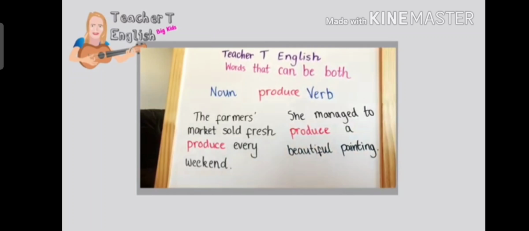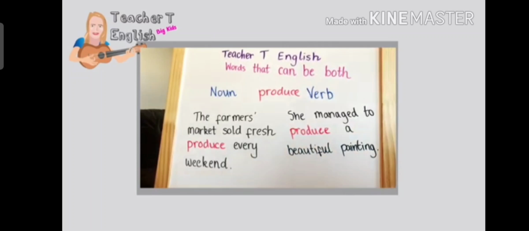So this is how we have taken the naming word fresh produce and framed a sentence. So this becomes the noun sentence with the help of the word produce.